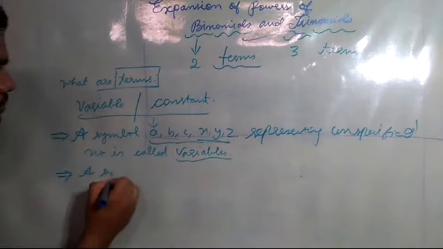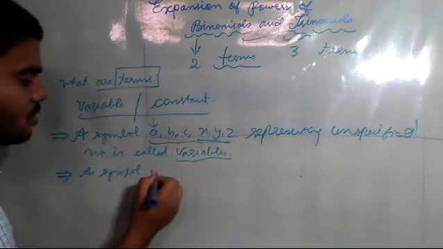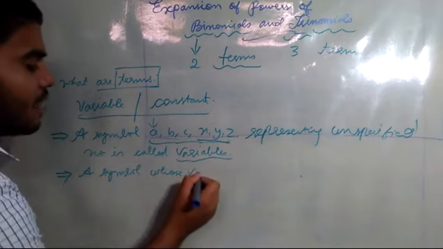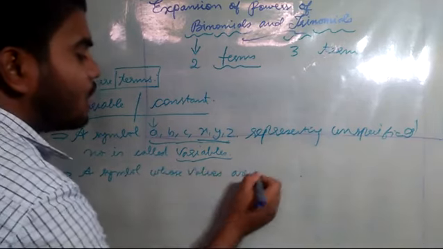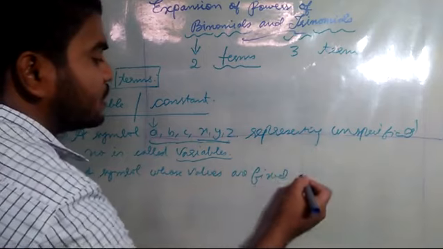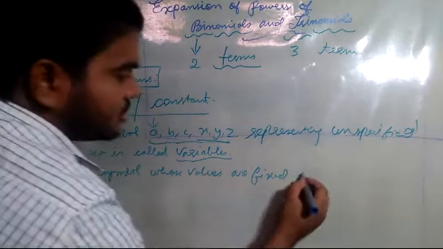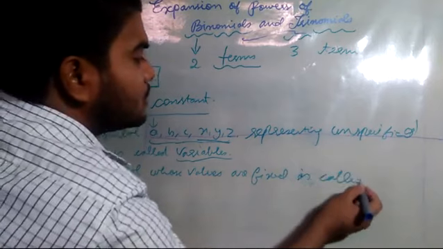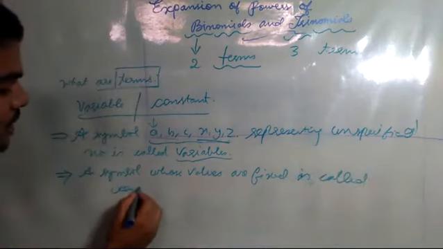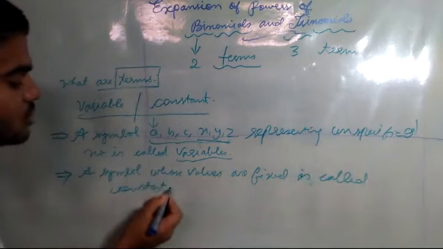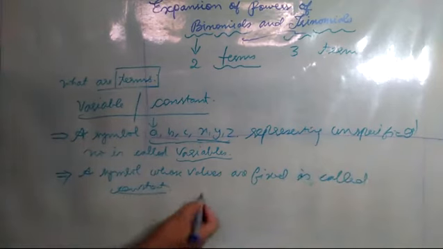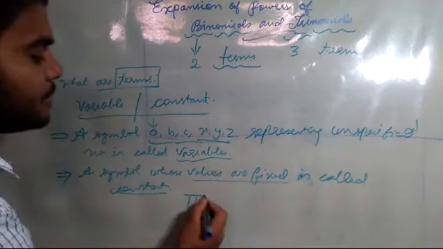Now second one is a symbol whose values are fixed. A symbol whose values are fixed is called constant. I hope you all understood the word constant and whose values are fixed. For an example, you take pi.